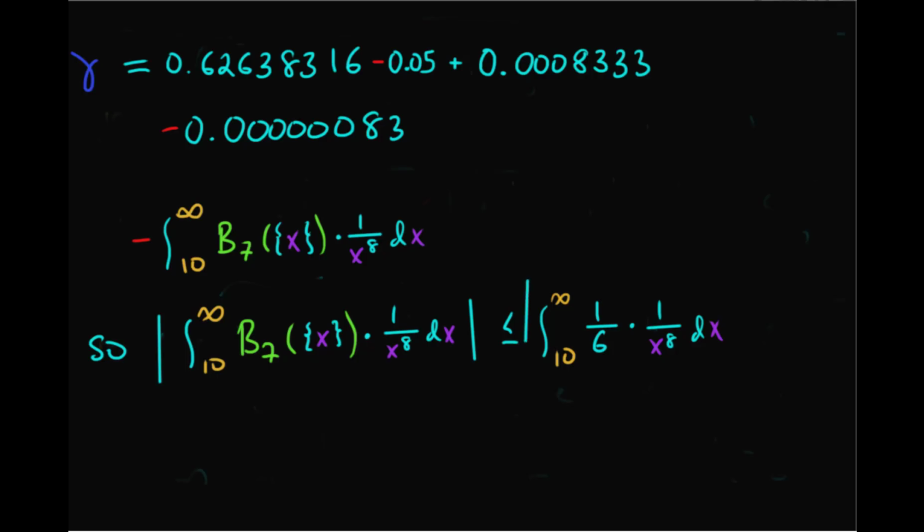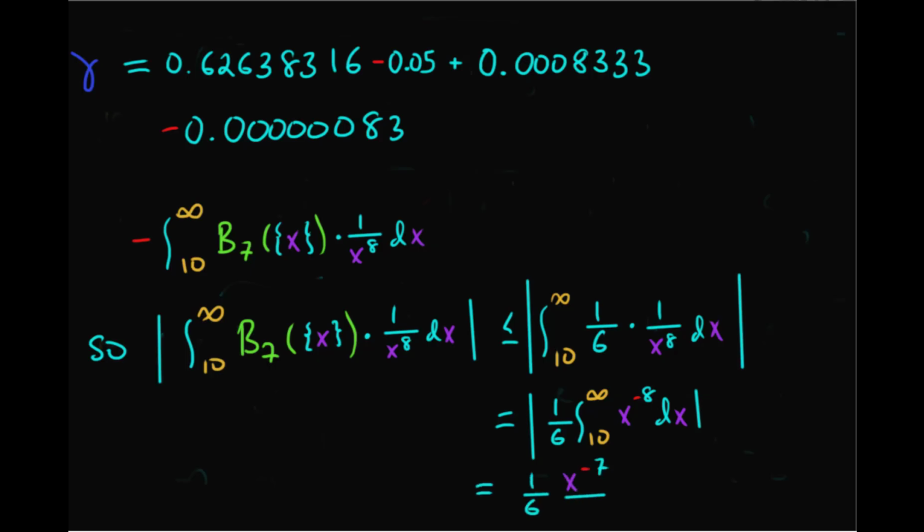But that's an integral I can compute very easily. First of all, I can just pull out the constant 1/6 in front of the integral. So now I'm just doing 1/6 times the integral from 10 to infinity of x to the negative 8 dx. Well, that's just going to be equal to 1/6 times x to the negative 7 over negative 7, evaluated at the endpoints 10 and the limit as we approach infinity.